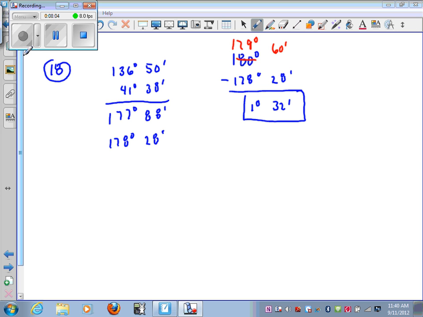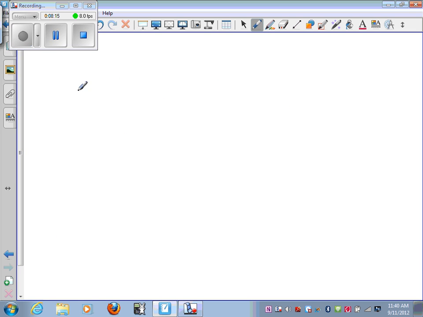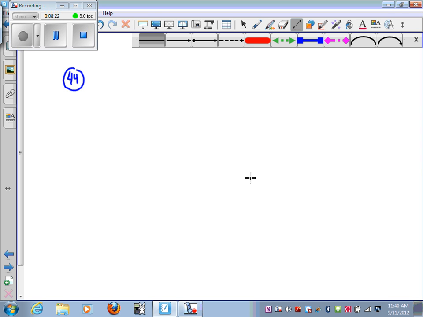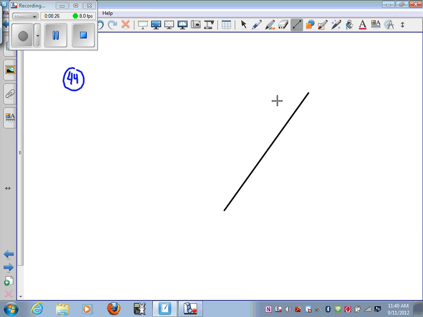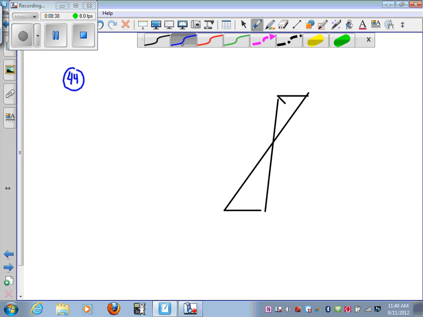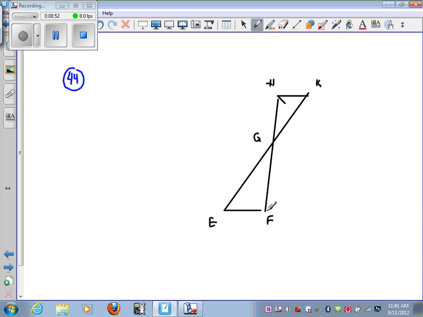Okay, the next group of problems says name the corresponding angles and the corresponding sides of each triangle. So I'm going to look at 44. So this is H, K, G, E, F. And then they're saying that this line and this line are parallel.